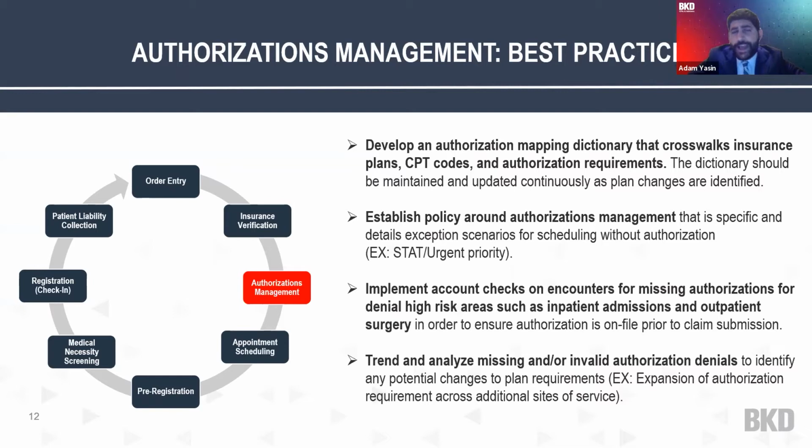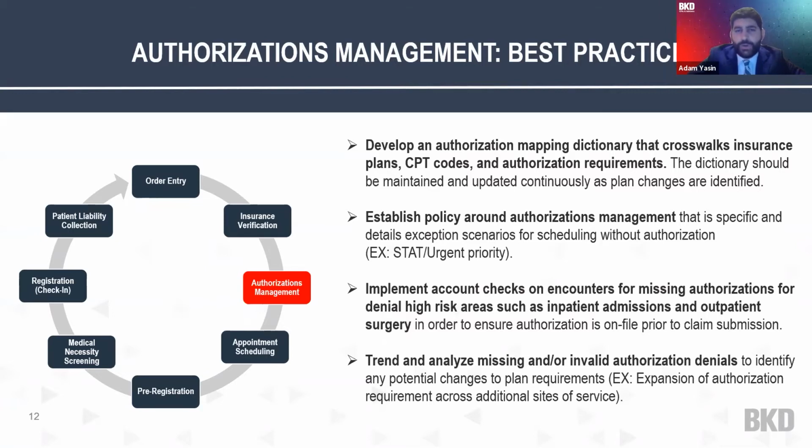And the second item is, you want to establish policy around authorizations management that is specific, that details exception scenarios for scheduling without an authorization. So I referenced earlier that you want to be able to indicate a priority status on your orders, and this is one place in the revenue cycle where that comes into play at the authorizations management stage.